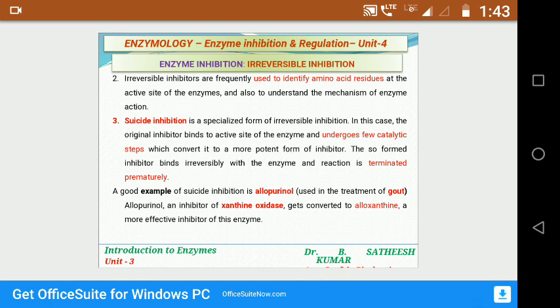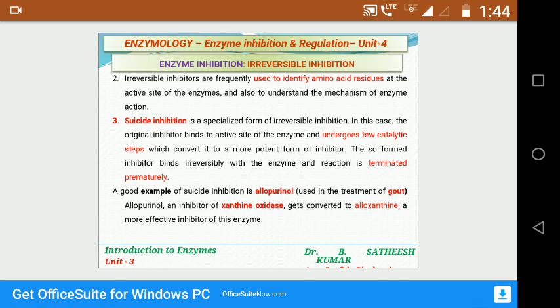The synovial fluid present in the joints will be filled with crystals of uric acid. Uric acid is nothing but the metabolic end product of purines. So if the concentration of uric acid is high, it gets deposited in the joints, which gives symptoms of gout.